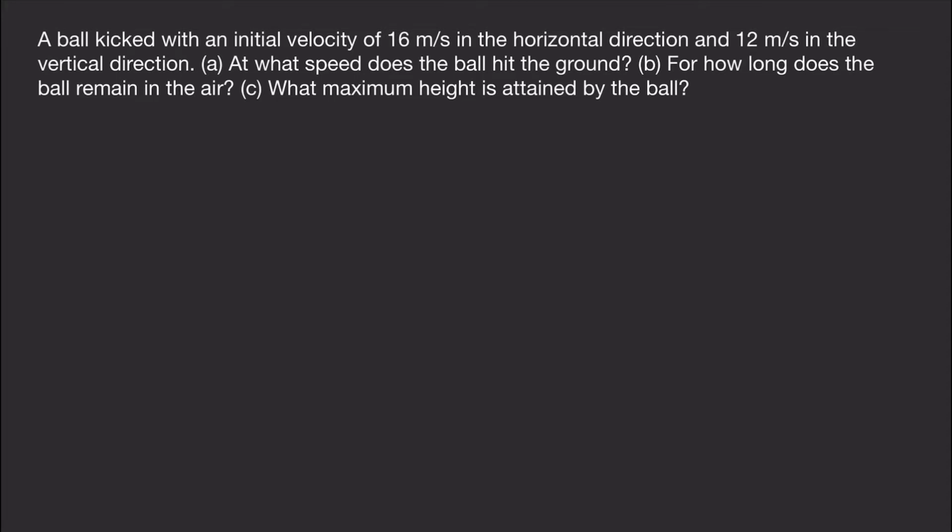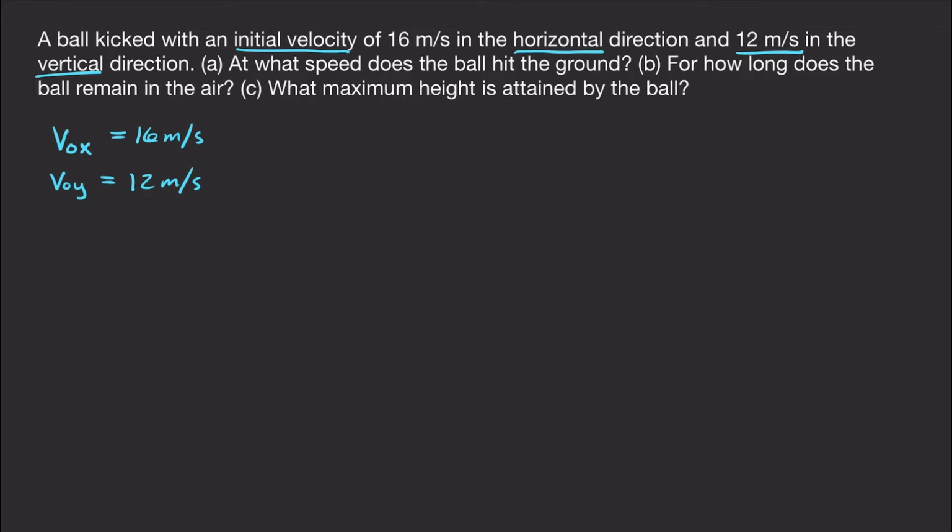Okay, so first off, I want to write what I'm given. It gave me an initial velocity, so I know that's a v naught, and it's in the horizontal direction, so that's the x component of initial velocity, 16 meters per second, and then 12 meters per second in the vertical direction, so v naught y is 12 meters per second.